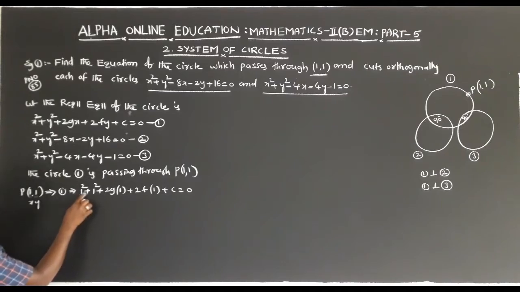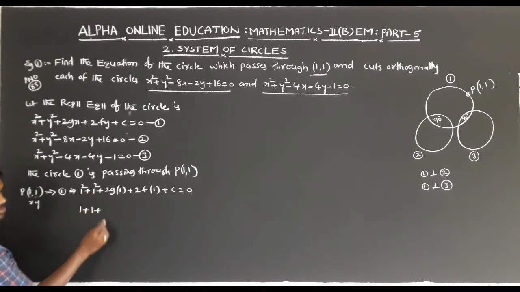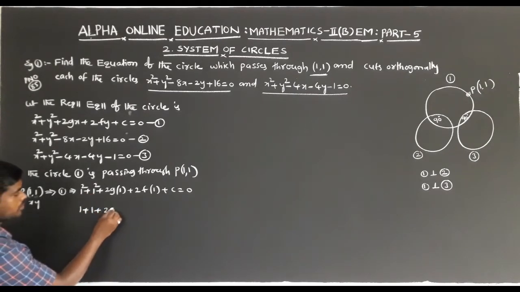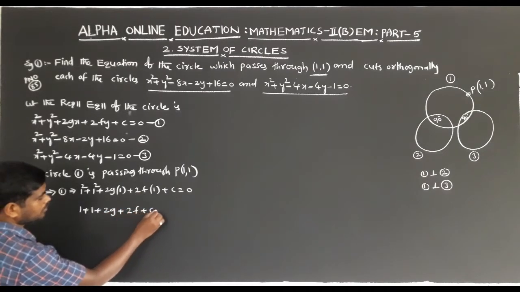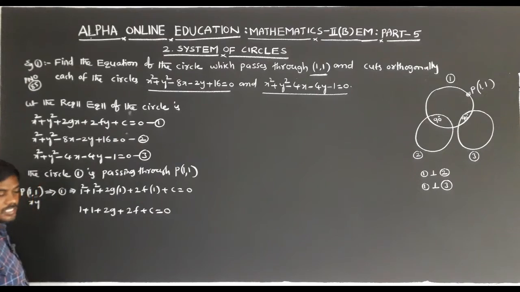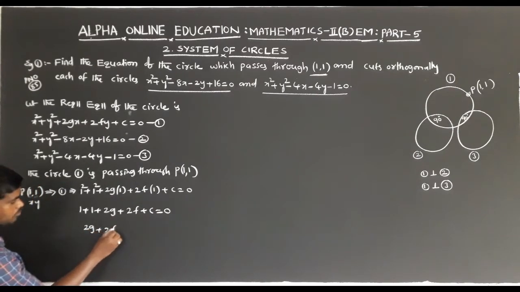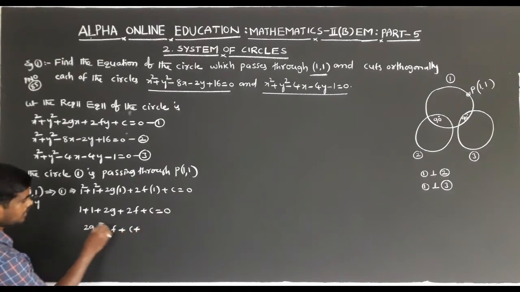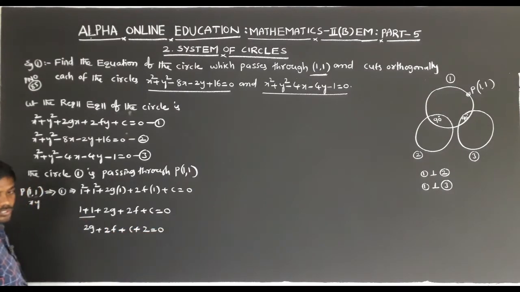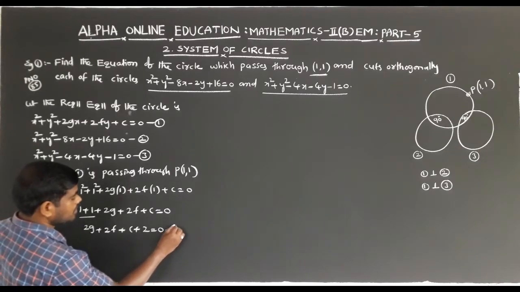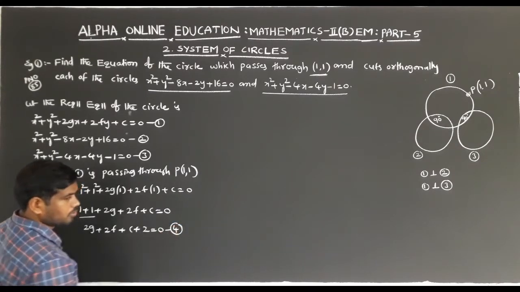That gives 2g plus 2f plus c plus 2 is equal to 0. This is condition number 4.